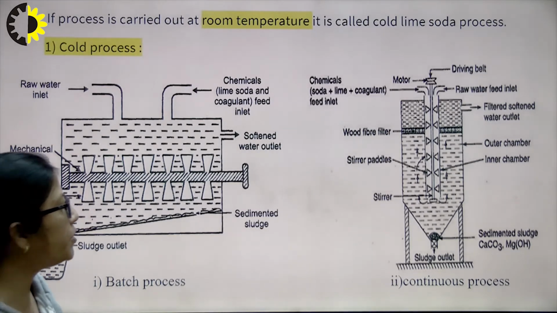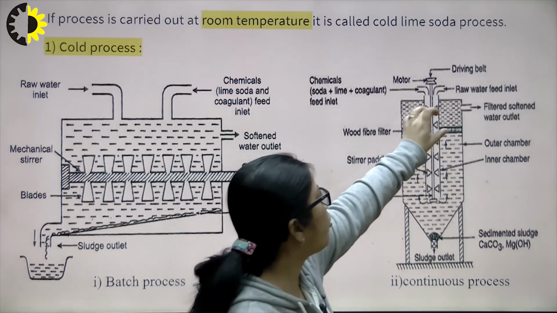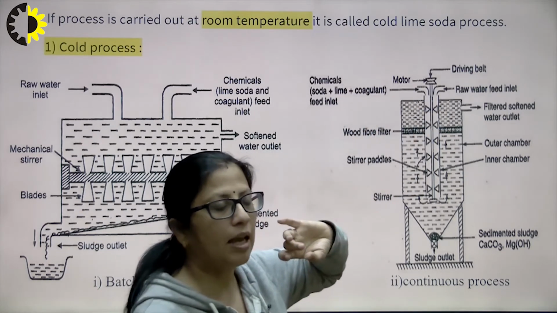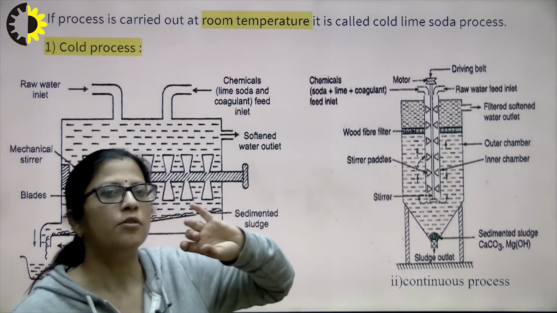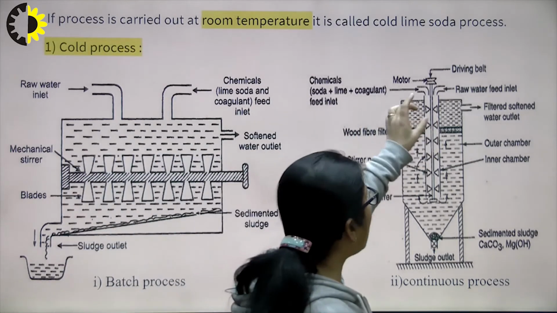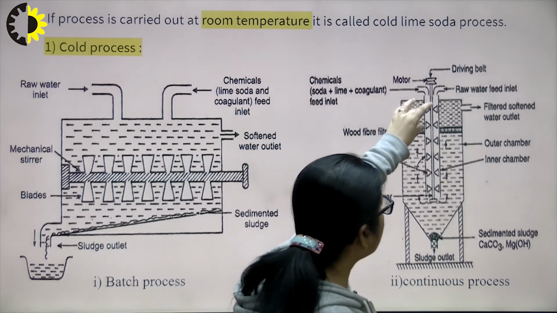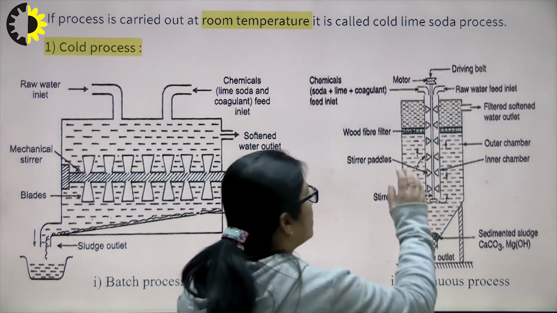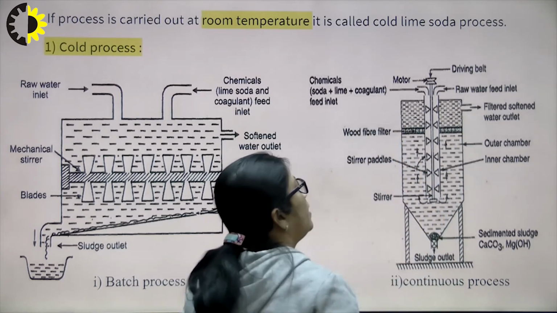Whereas in the continuous process, we keep on adding raw water and the chemicals, which are soda, lime and the coagulants, continuously in the inner chamber. There is a mechanical stirrer, it stirs and mixes the water with the chemicals.